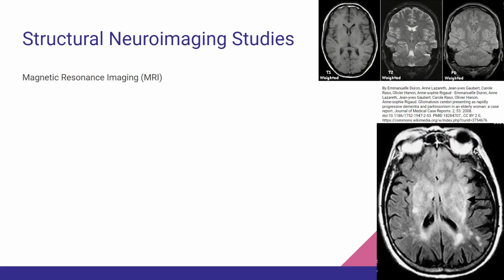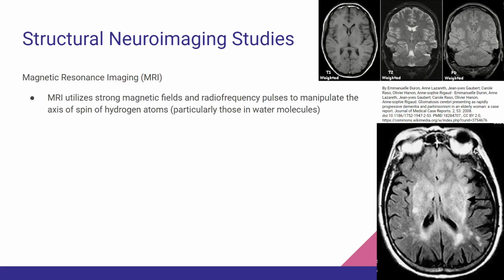The next imaging technology we're going to discuss is magnetic resonance imaging. Forgive me for the simplified explanation. I am not a physicist or an MRI technician. A brief description of how MRIs work is that the patient is put into a strong magnetic field which helps align atoms within the body, particularly hydrogen atoms, and radio frequency pulses are used to manipulate the axis of spin of these hydrogen atoms.